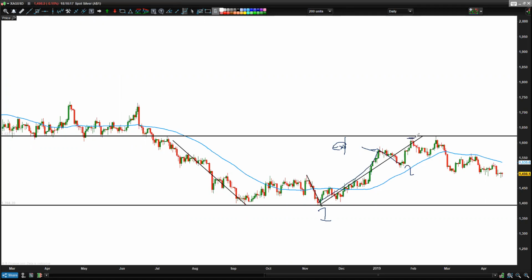I tend to take profits just in front of these big numbers, these big resistance levels, because once you take your profits just in front of that resistance, it does eventually come and find the 50-day average, and then you could potentially buy that again on the back of that test of the 50-day average and take that up.